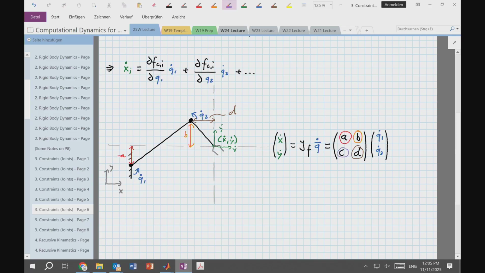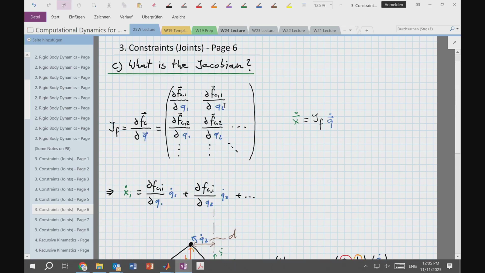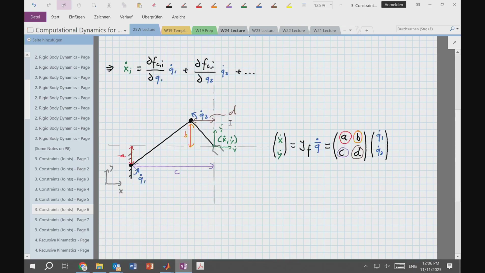And then lastly, I hope you see where this is going. I need this distance. That would be equal to c. So if I think about this just geometrically, this Jacobian, which is weirdly defined over these partial derivatives, and that we interpret as directions in which we can move, all of a sudden becomes another meaning, that of lever arms.